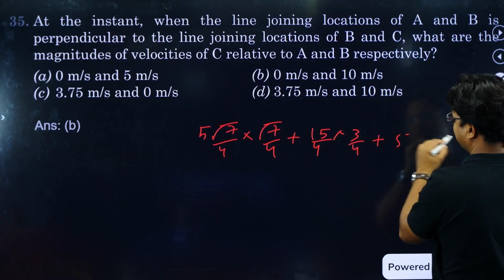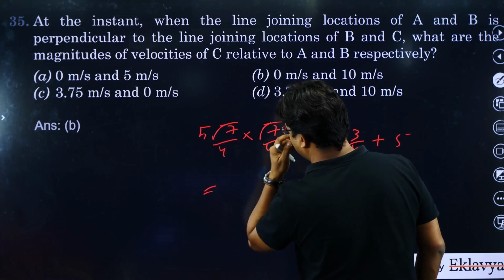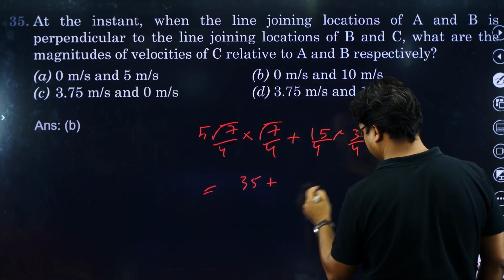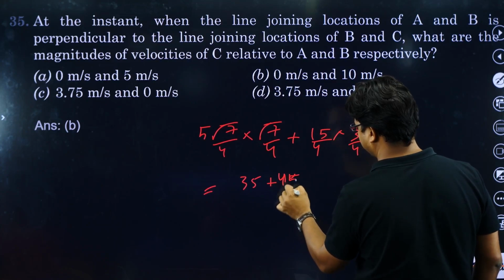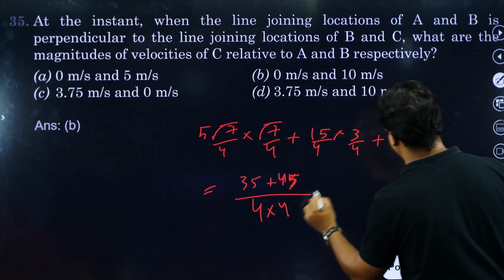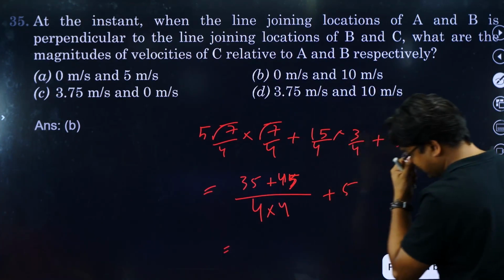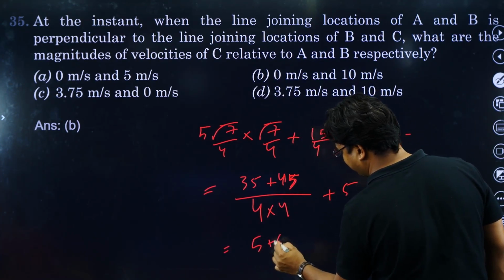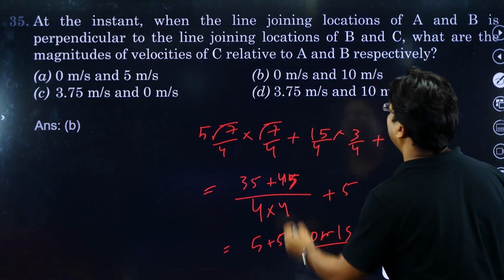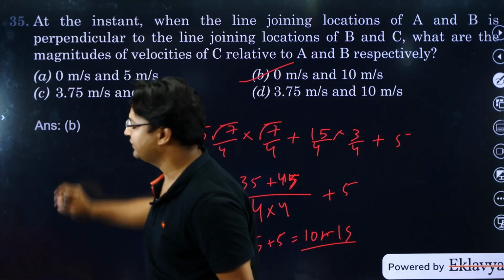Minus 5, that's plus 5. So this becomes 35 plus 45 by 4 into 4, plus 5. So that's 80 by 16. 5 plus 5, that's 10. So 0 and 10. Option B would be the answer as it is given here.